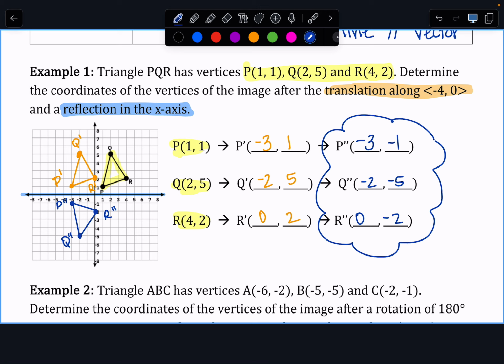Okay, I'm going to give you a moment to finish your drawing and writing, and then I want to show you how this is a glide reflection. Because it glides over and reflects. Well, so we're reflecting about a line parallel to our vector. So since our vector, let's see, pink. Since this is our vector right here.